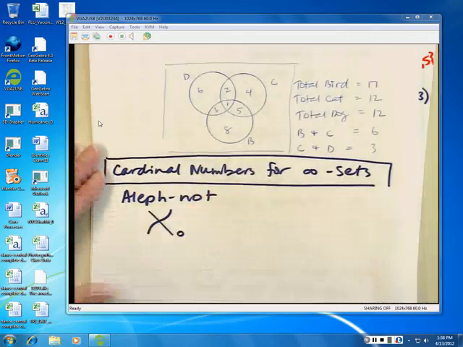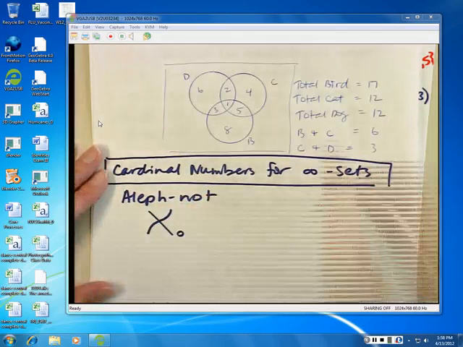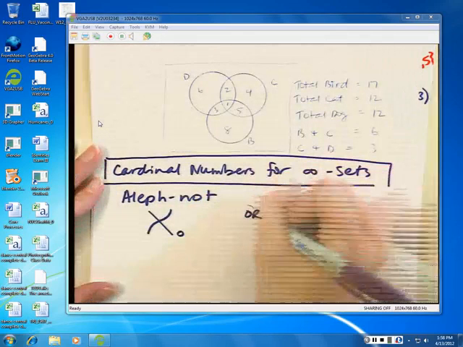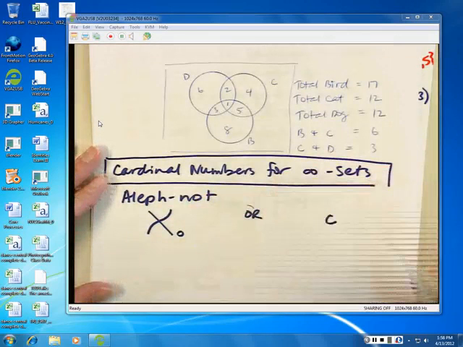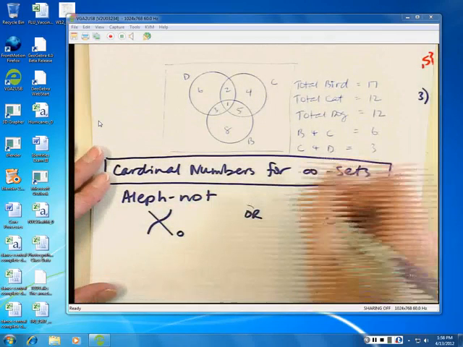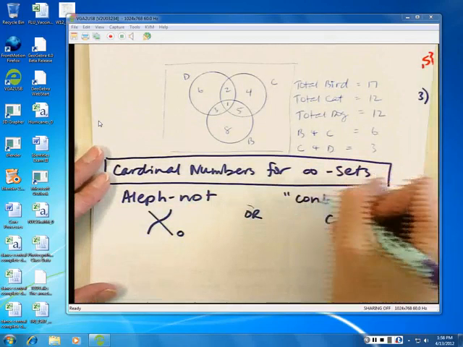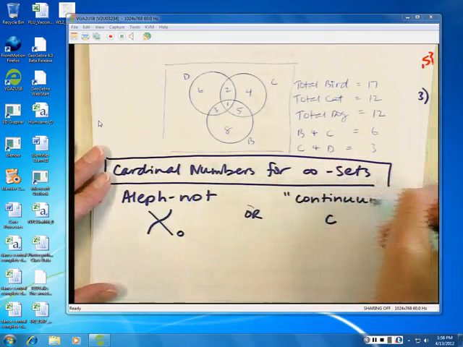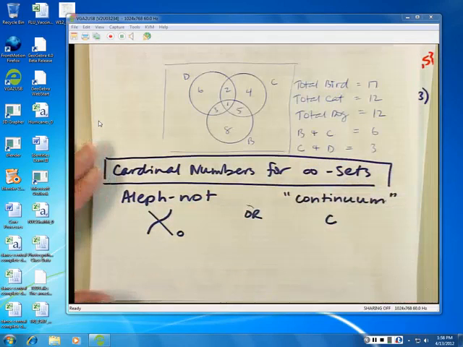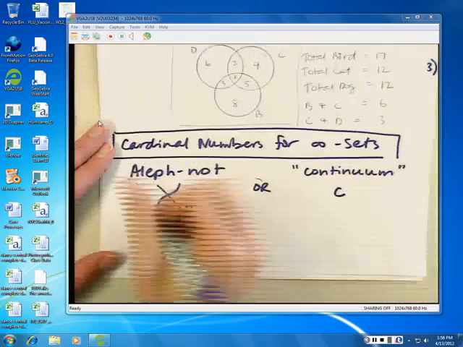So that's aleph not. The other one is a lowercase c, and the c represents a continuum. That can help you remember when we go through the example. So I wanted to start there. We're going to start with aleph not, though.